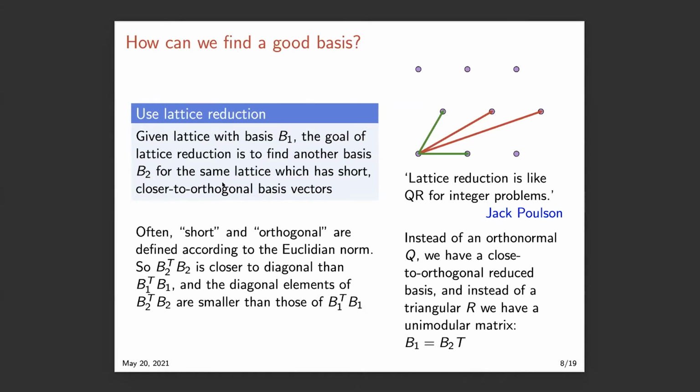Let's say in the end you want to come out with an integer, not a float or a real number. Then perhaps instead of a QR decomposition or some other linear algebra decomposition, lattice reduction may be useful for you.